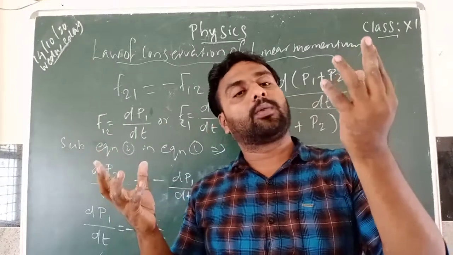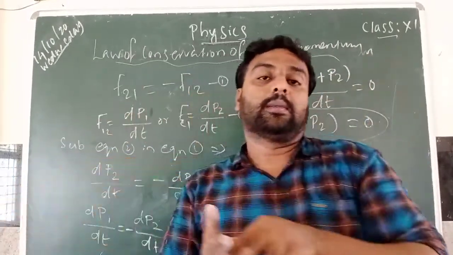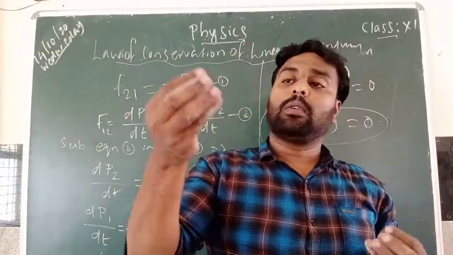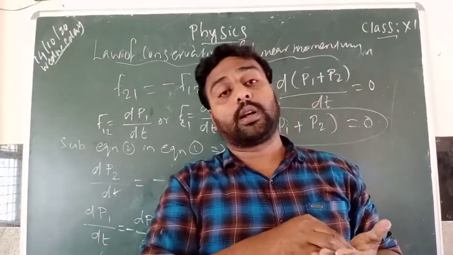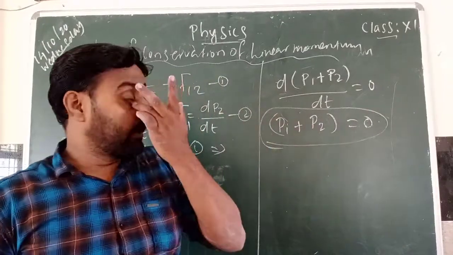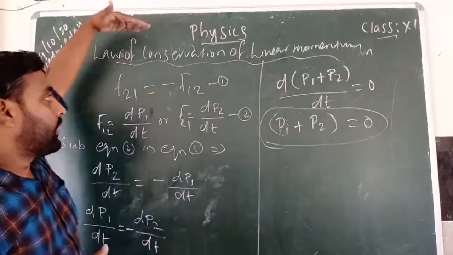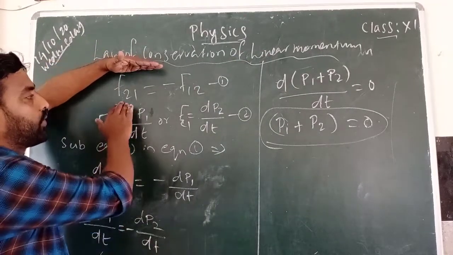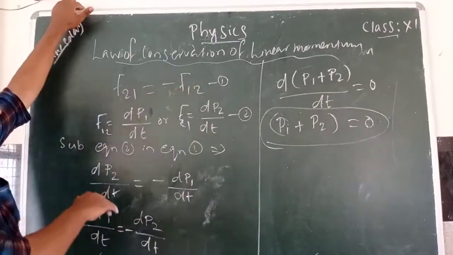Particle 1 exerts a force on particle 2, and at the same time particle 2 also exerts a force on particle 1. So based on that, we use the formula F21 is equal to minus F12, from Newton's law.